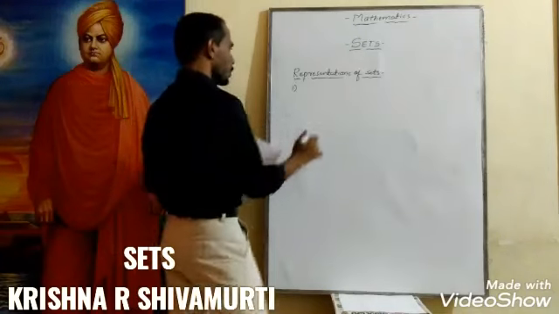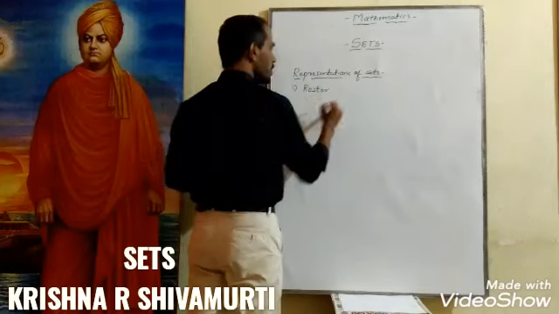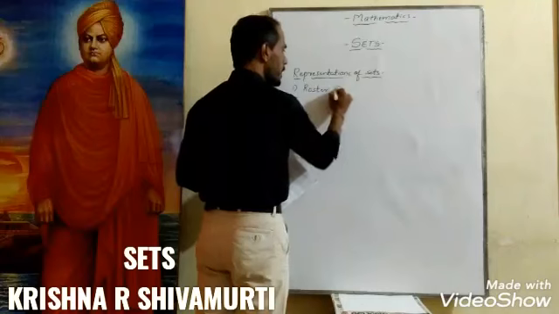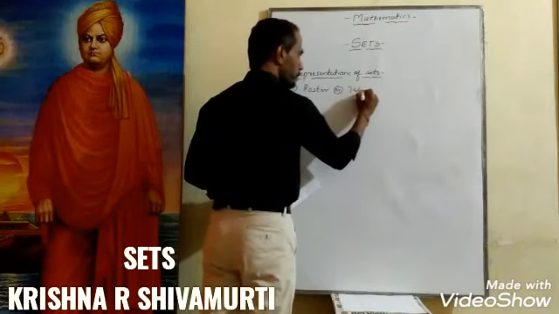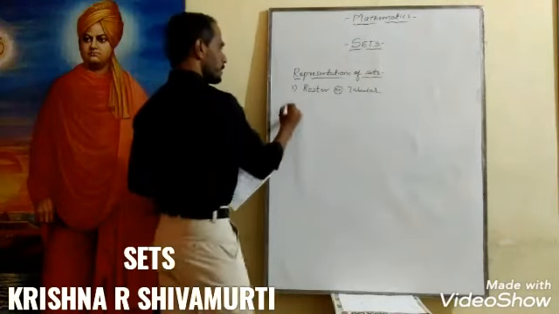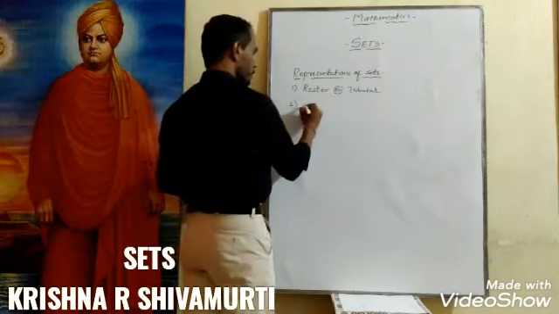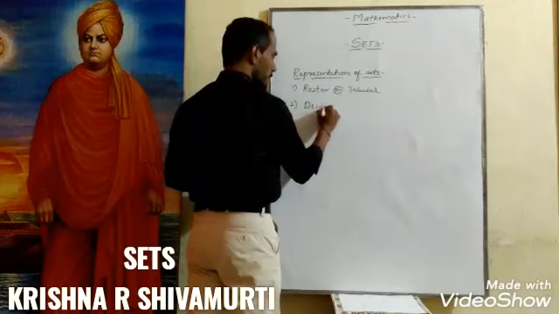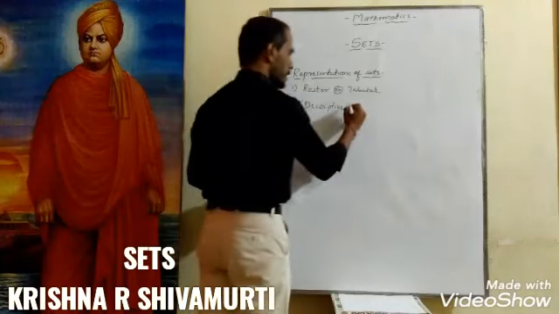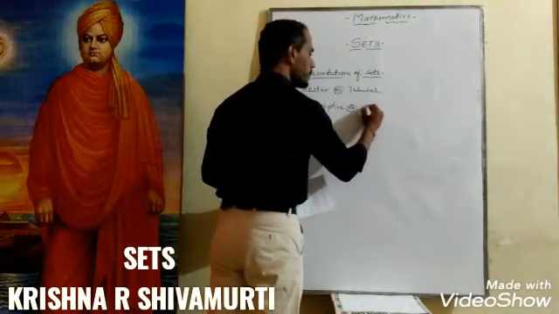The first one is the roster method or roster form, or in another name it's called tabular form. The second kind of representation of a set is the descriptive form or statement form.